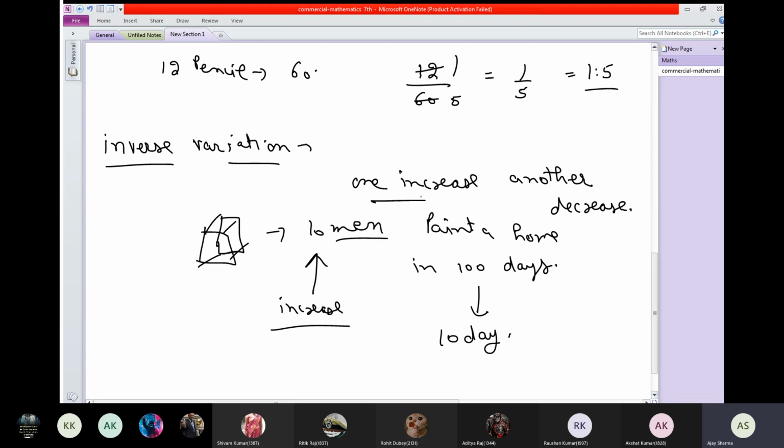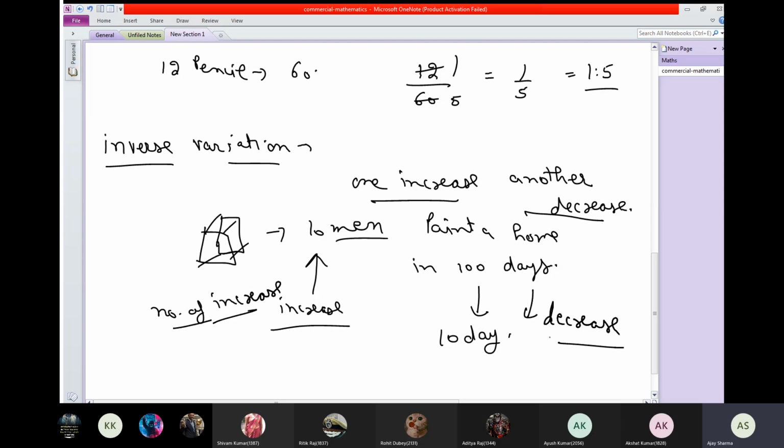One quantity is increased, another is decreased. To complete in 10 days, number of men should be increased and the number of days is decreased. This point is clear?